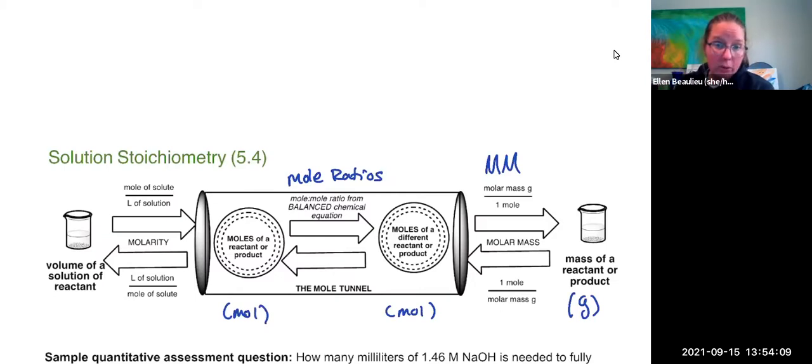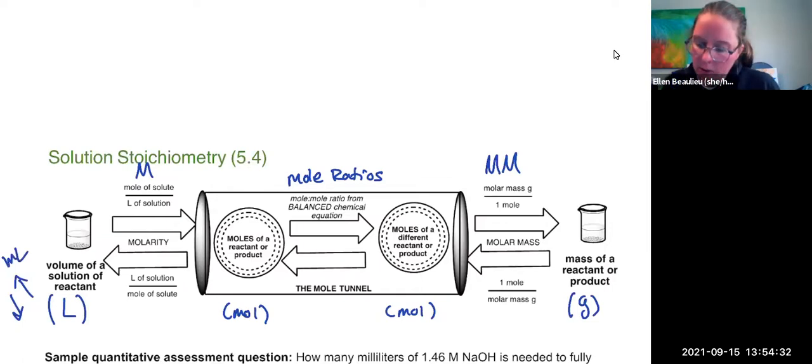What's new in the solution stoichiometry piece is that now we know about molarity, single big M, and molarity is a way that allows us to go back and forth between moles of a thing and volume of a thing in liters. Of course, we can use metrics to go into milliliters if necessary.